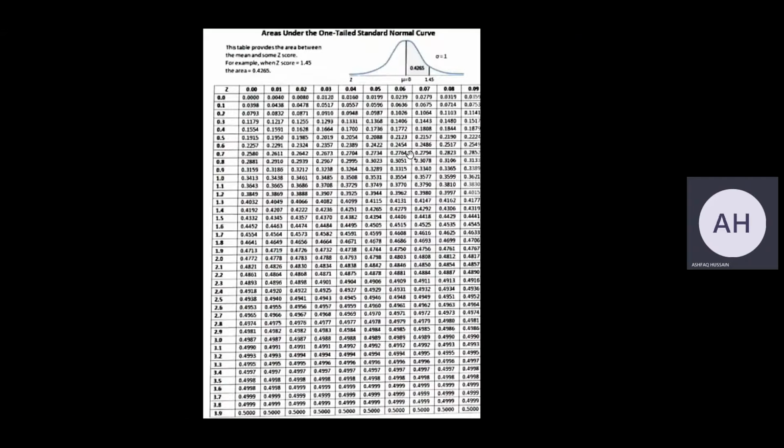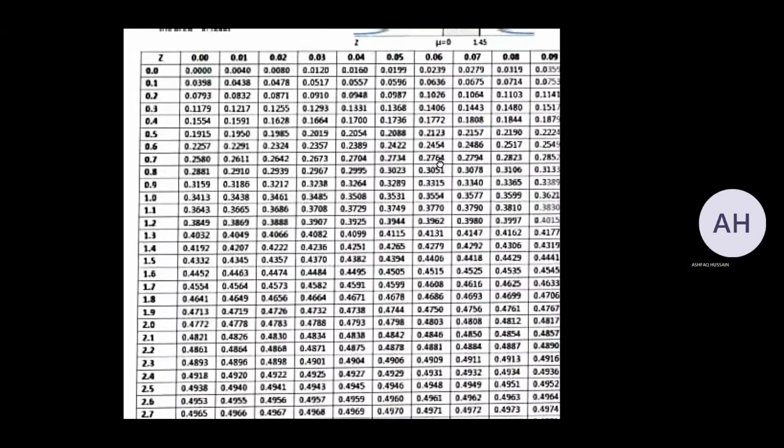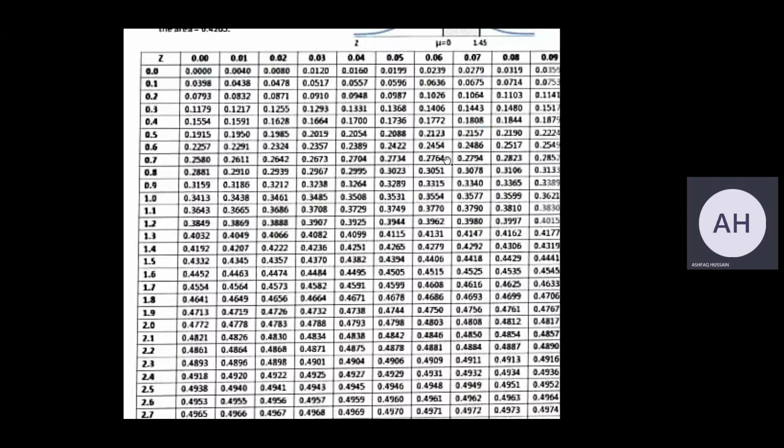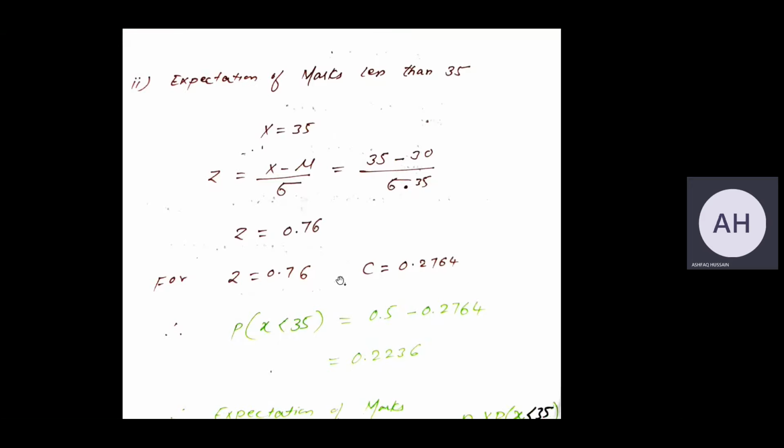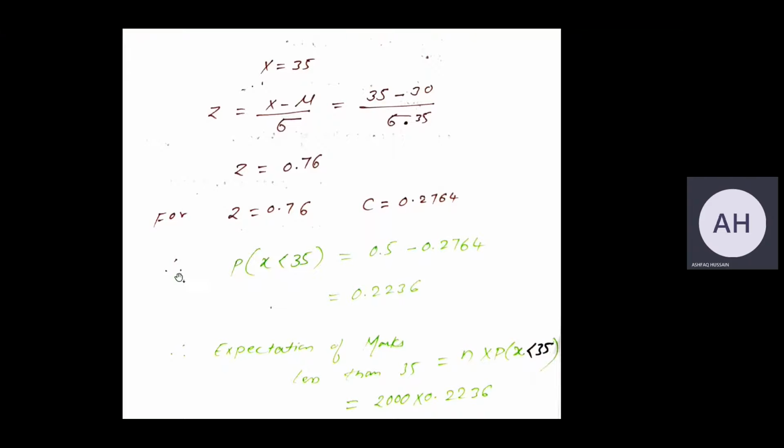This is the column, I'll just zoom in and show you. 0.2764. Okay, now I'll go to the next page. So I've written here, for Z equal to 0.76, the value of C is 0.2764.